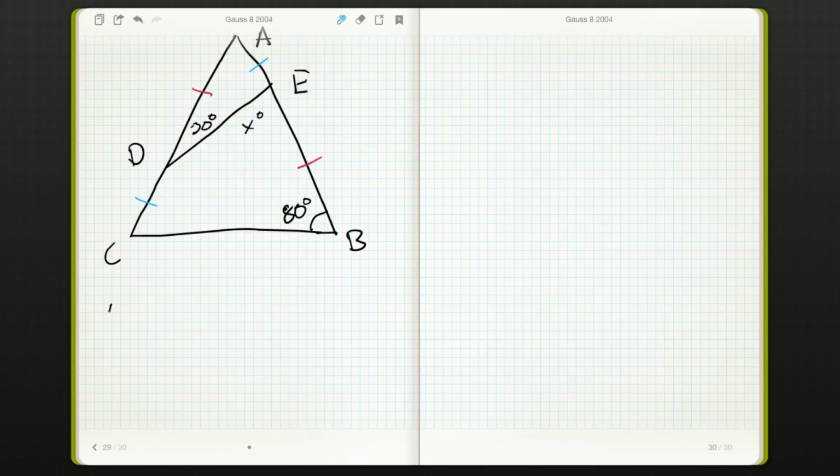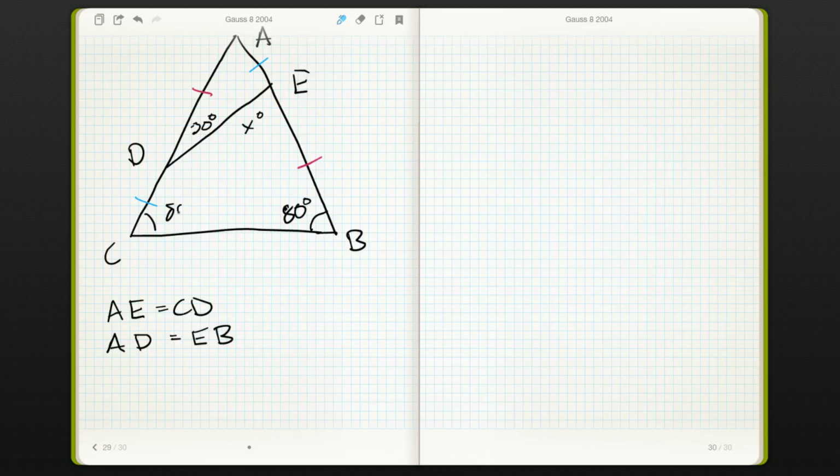I can notice that AE is the same as CD, the same length, and AD is the same as EB. We can actually use this information to show that AC and AB are the same length, and that means this is going to be an isosceles triangle.